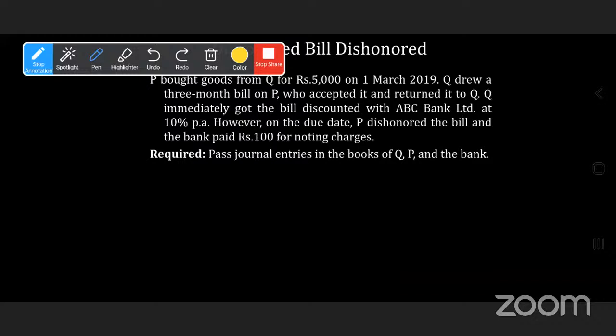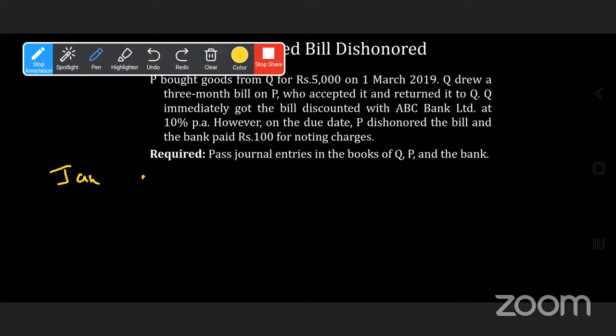P account debit to bank account. First of all, give me the due date. A 3-month bill was drawn on 1st March 2019. So what is the due date? June 4, 2019. Yes, very good.